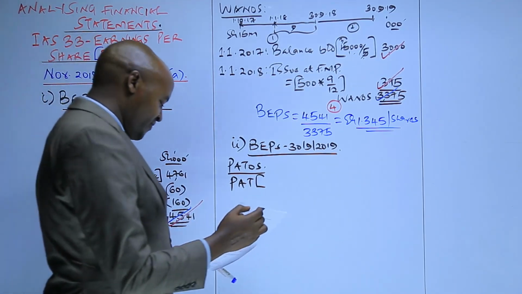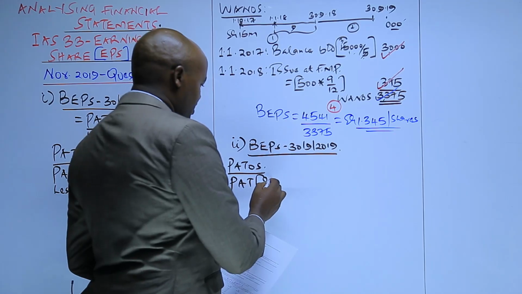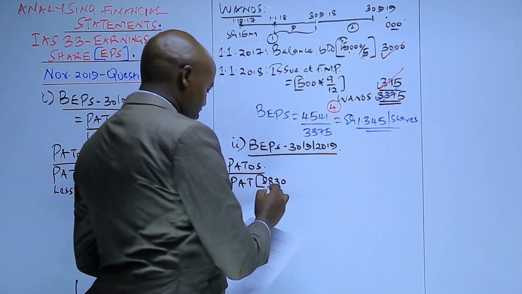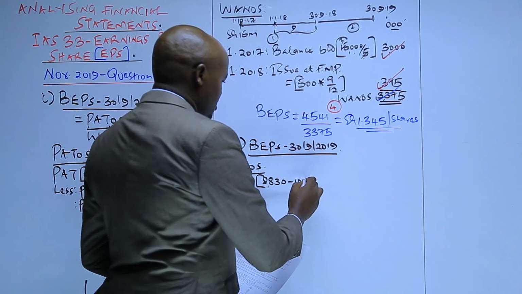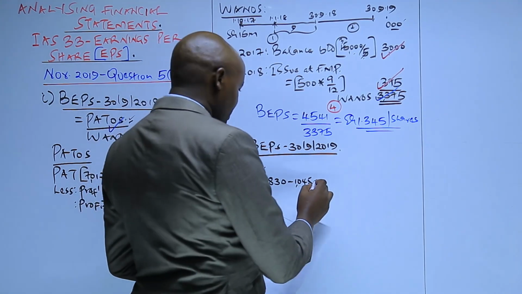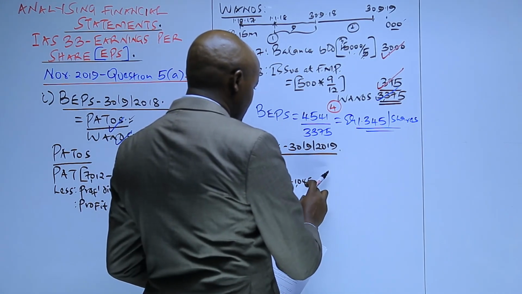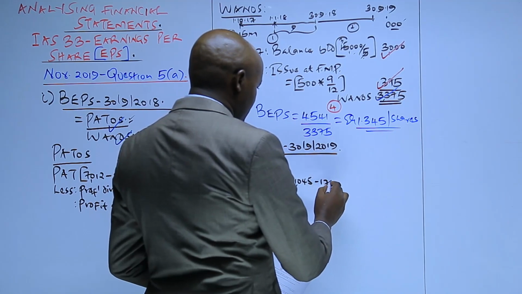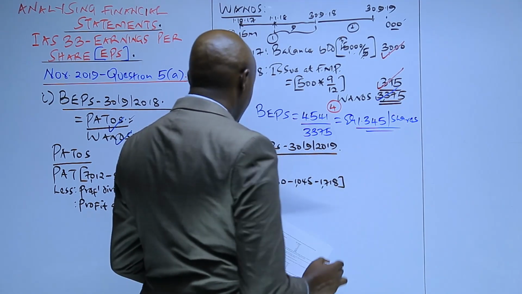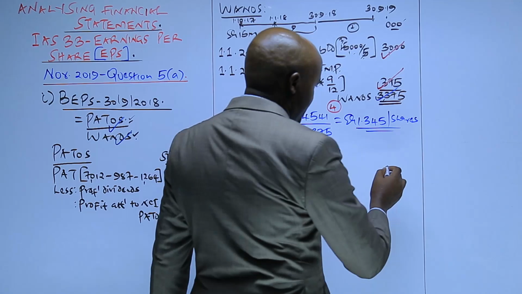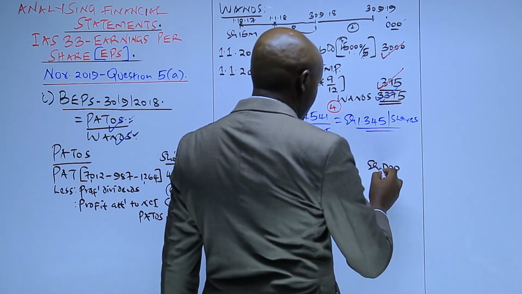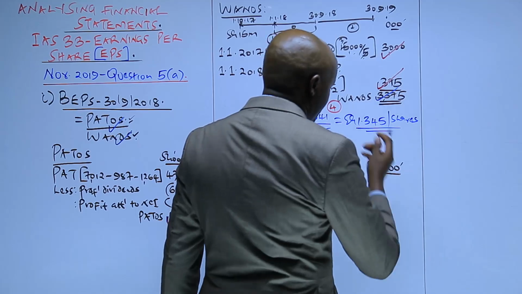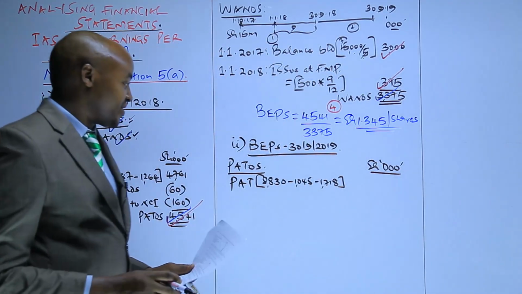We take the profit before interest and tax, which is given as 8830, minus the finance cost or the interest, 1045, minus the tax charge, which is 1718, and basically that will give us the profit after tax.